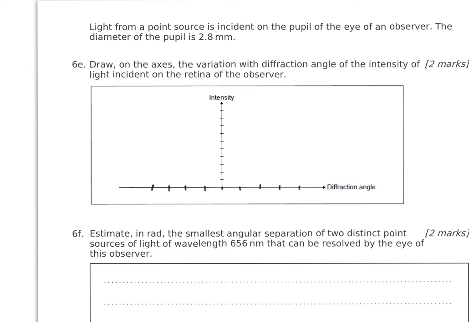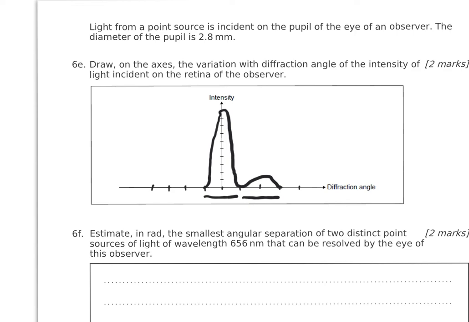So I made an arbitrary marking on the x-axis to show diffraction angle, and I'm going to draw my central maximum at the maximum intensity. So I'm going to draw a peak that goes all the way up to the top here and then comes back down. Remembering that the width of the secondary maxima has to be half the width of the primary maximum, I'm not going to make a secondary maximum that's this wide, because that's the same width as the primary maximum.